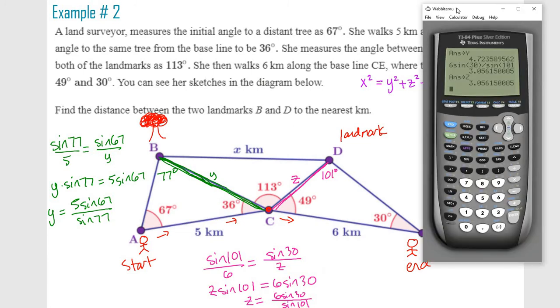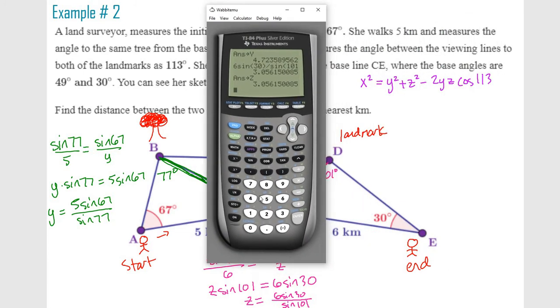So now it's just a matter of plugging that into our calculator. So we take alpha y, square it, then plus alpha z squared, then minus 2 times alpha y times alpha z times cosine of 113.